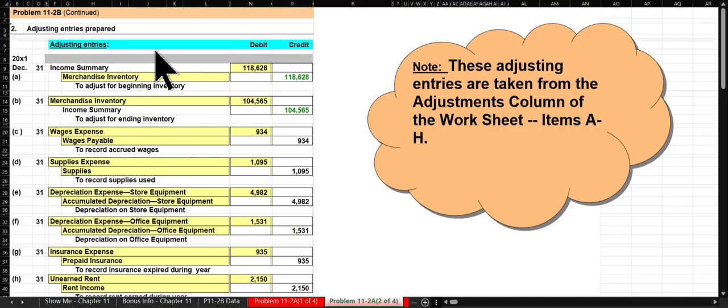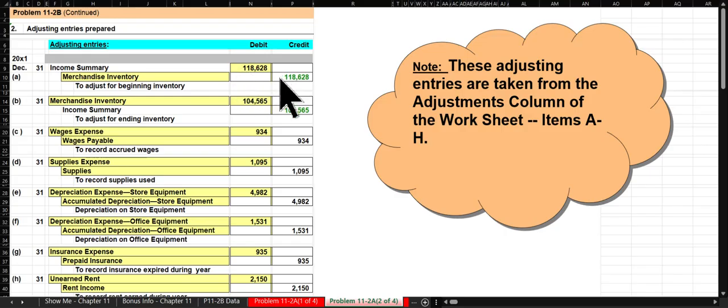So whatever you did in the adjustments column, debits and credits, will be exactly what you do here for your adjusting entries. For example, remember the first entry we did for the beginning balance of the inventory where we credited that asset and we debited income summary?